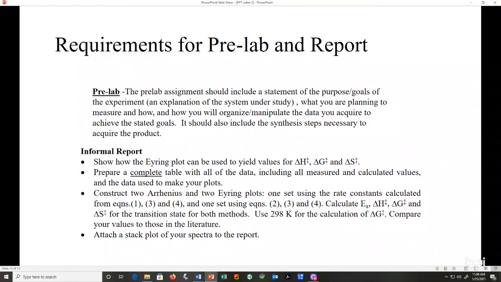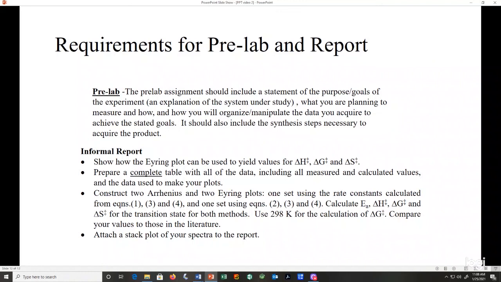So the data sheet that you're going to be supplied, that Excel file might be a good starting point for that. And just make sure all of your columns are well labeled to where I can see what calculations you've done. You're going to want to construct 2 Arrhenius plots and 2 Eyring plots, one set using the rate constants calculated from equations 1, 3, and 4, and one set using equations 2, 3, and 4.